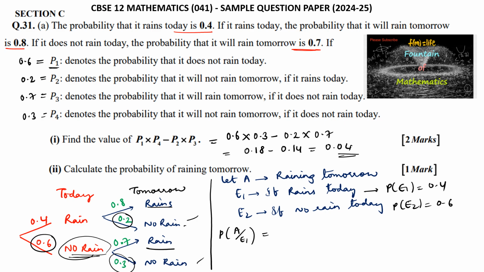The probability of raining tomorrow when it rains today is 0.8. And similarly, the probability of raining tomorrow given that there is no rain today is 0.7.